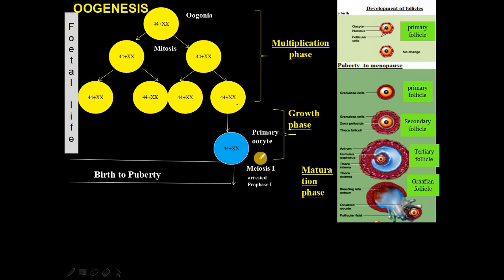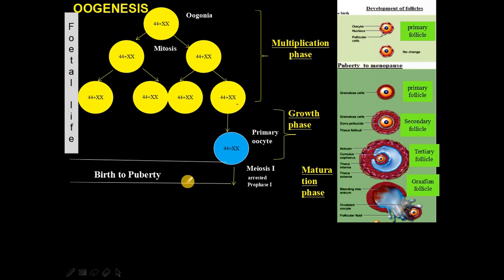This arresting in meiosis prophase 1 is taking place in the fetal life itself, and here the primary oocyte is frozen in this particular phase from birth to puberty. I'll repeat this once again. The primary oocyte starts meiosis 1 and gets arrested at prophase 1 in the fetal life itself, and it continues to be in this phase till puberty.